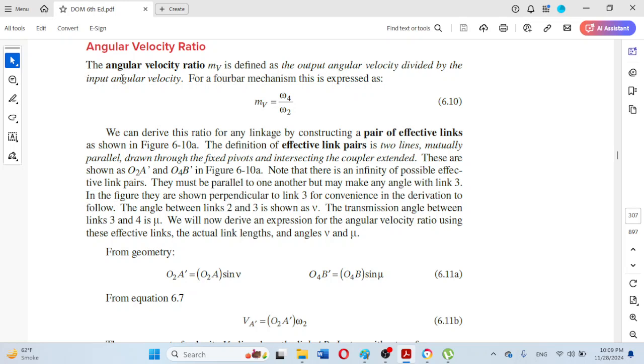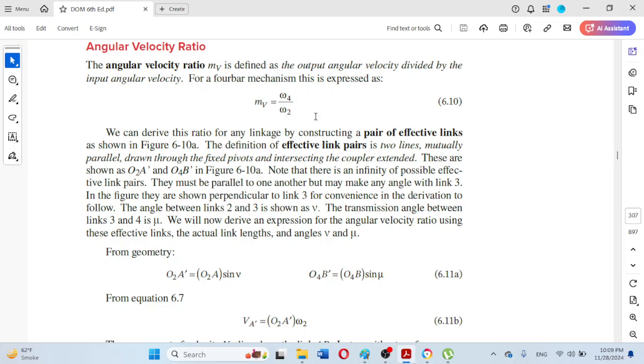Input angular velocity is actually the rate of rotation of the input link, and the input link is usually denoted by the subscript 2. So omega 2 is the angular velocity of the input link or the crank.